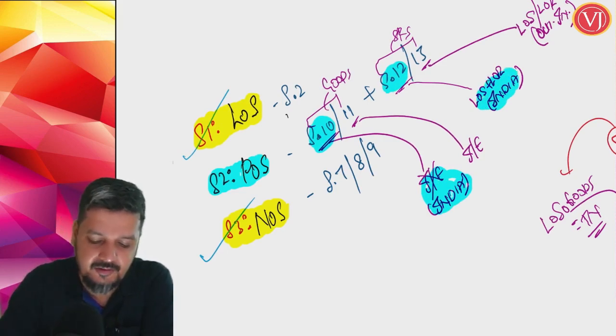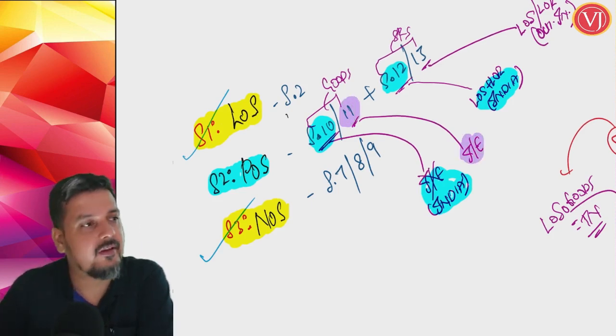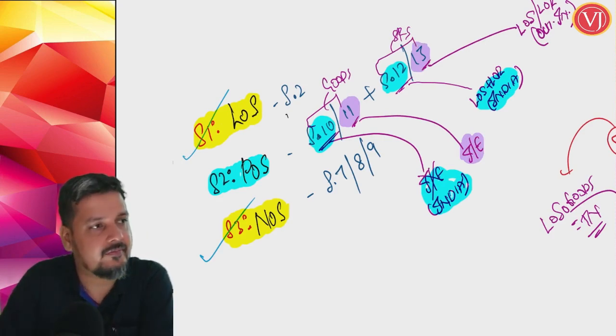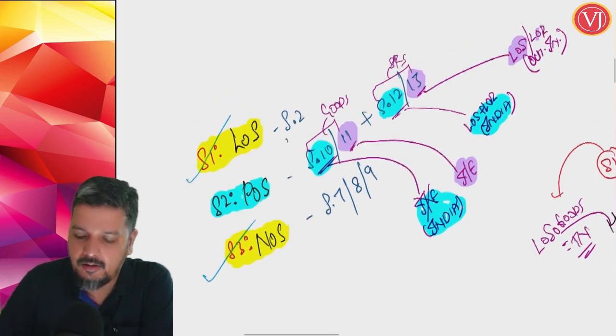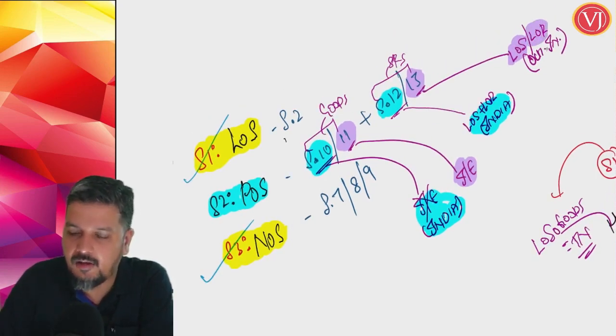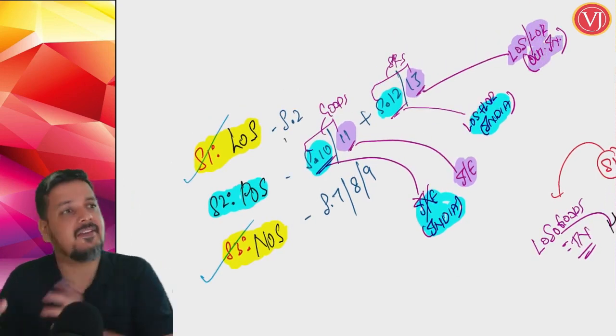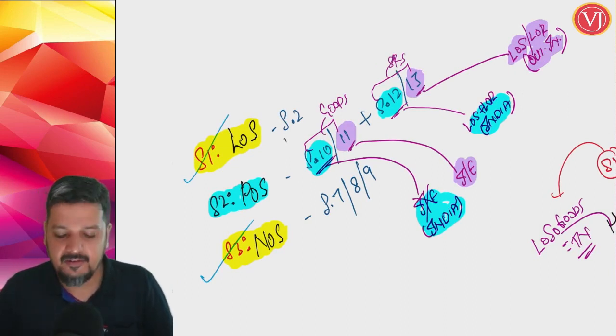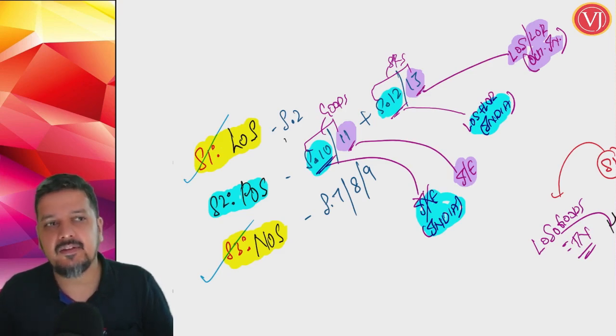International transaction of goods, import export, is discussed in section 11. International transaction of services, where either location of supplier or location of recipient is outside India, which means international transaction, is discussed in section 13.